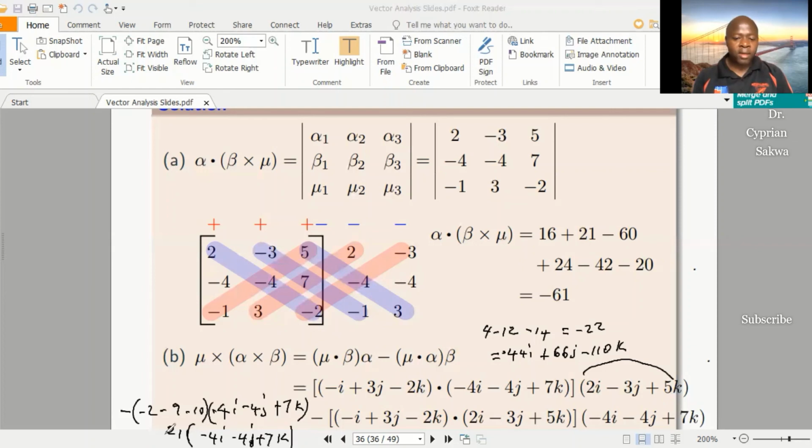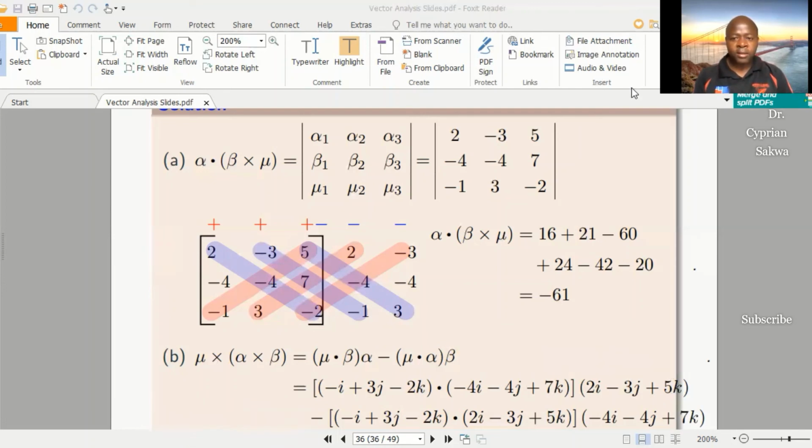Now I combine these results and these results. When you multiply this, it will be negative 84i. And there is negative 44i and negative 84i, so added together gives you negative 128i. I do the same for the others, and this is what I got.